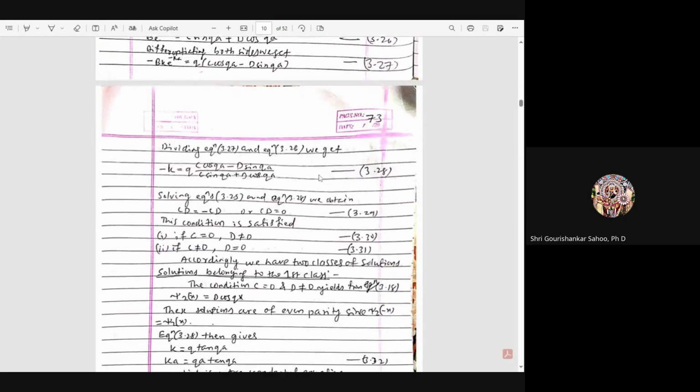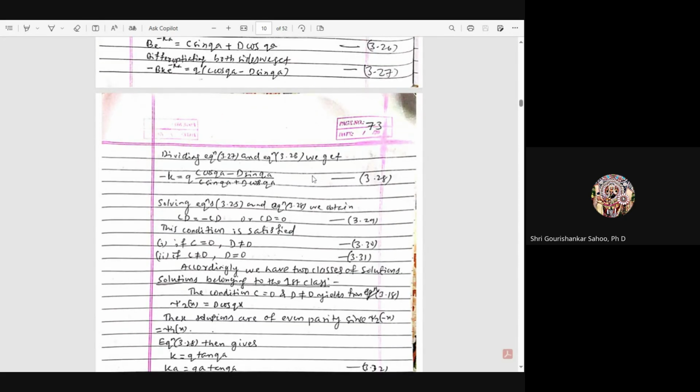And similarly you have b e to the power minus k a is equal to c sin qa plus d cos qa. Now you can differentiate both sides and you have minus k b e to the power minus k a is equal to q multiplied by c cos qa minus d sin qa. Now divide these and you have minus k is equal to q multiplied by c cosine of qa minus d sine of qa, whole divided by c sine of qa plus d cosine of qa.